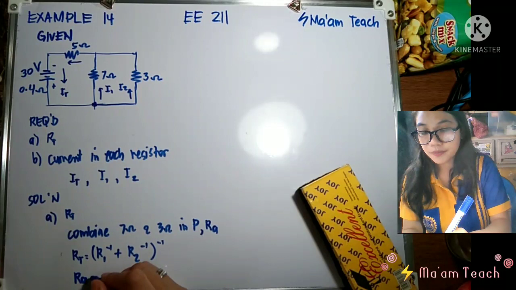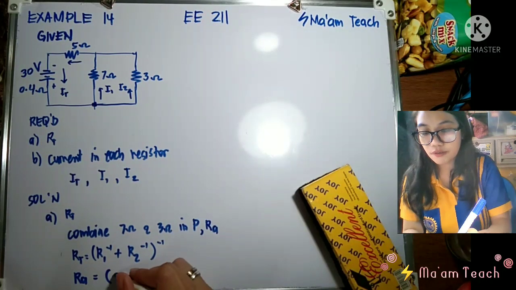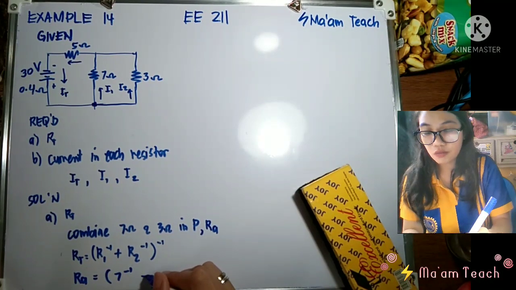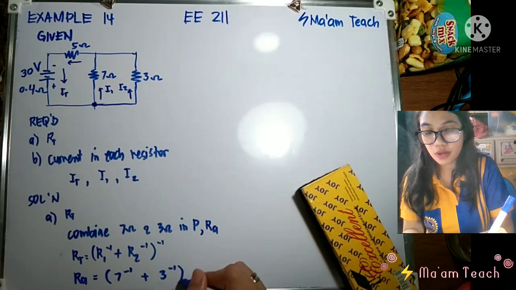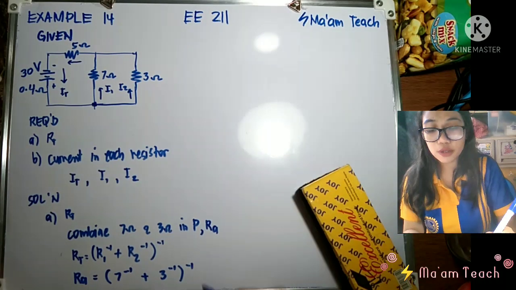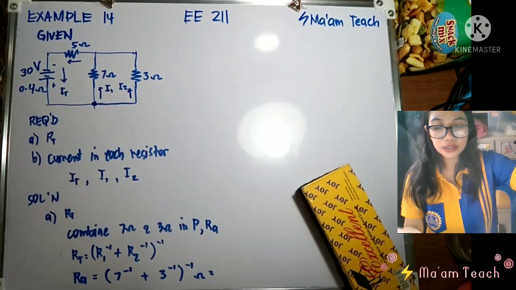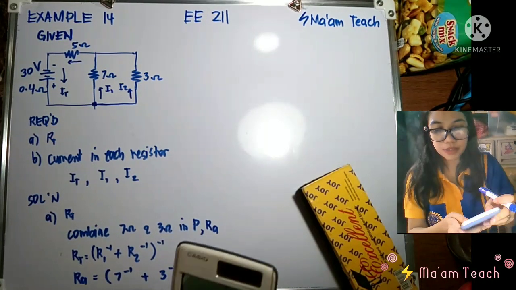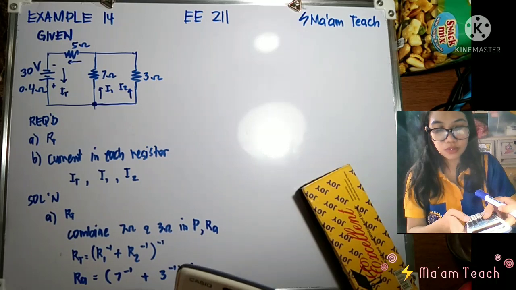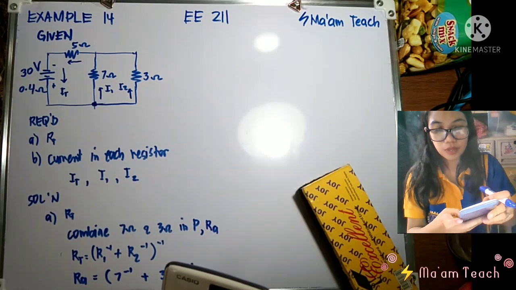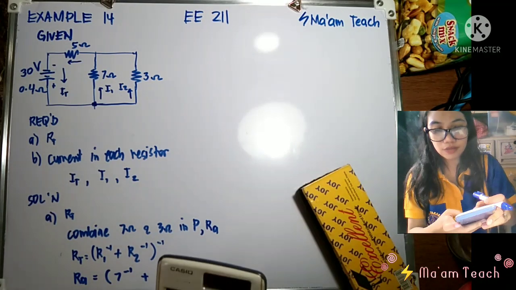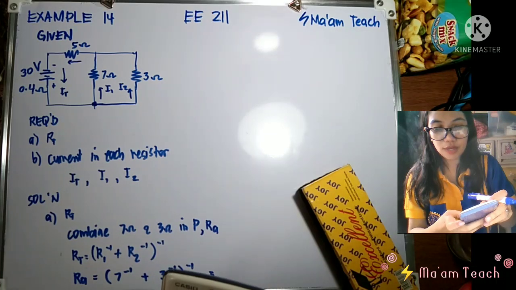So from here, we will substitute: 7 raised to negative 1 plus 3 raised to negative 1, and of course, the unit will be in ohms. So using your calculator, class, we have here 7 raised to negative 1 plus 3 raised to negative 1.